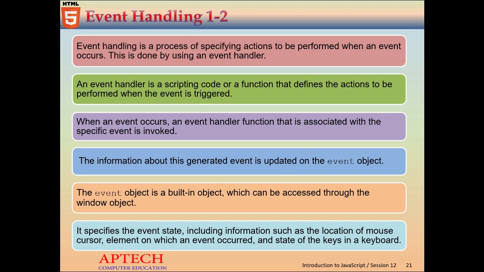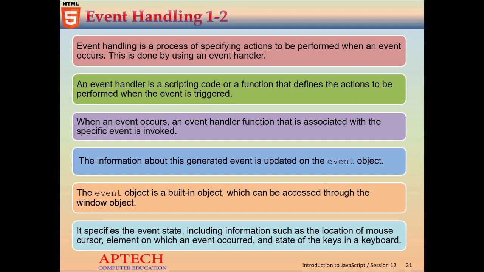It is done by using an event handler. An event handler is scripting code or a function that defines the action to be performed when the event is triggered. When an event occurs, the event handler function associated with the specific event is invoked.